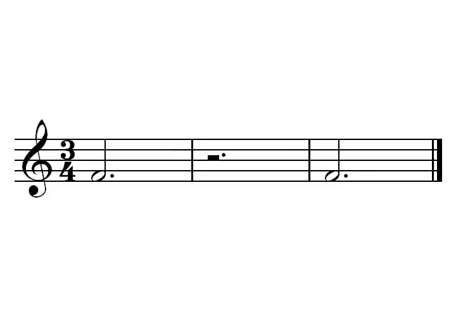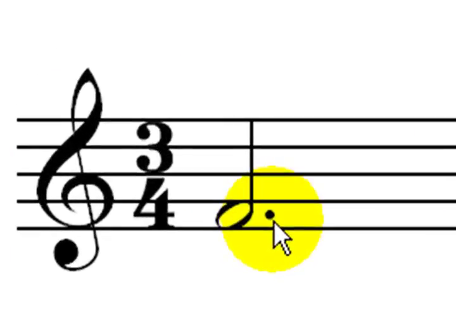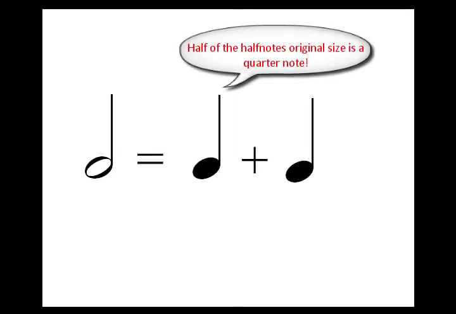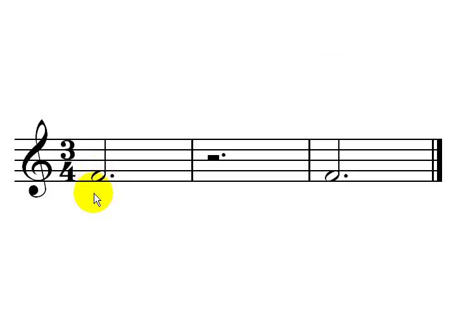If you can remember from our previous lessons about augmentation dots, we talked about that the dot, this dot here, lengthens the note for half of its original size. Half of this original size is a quarter note.